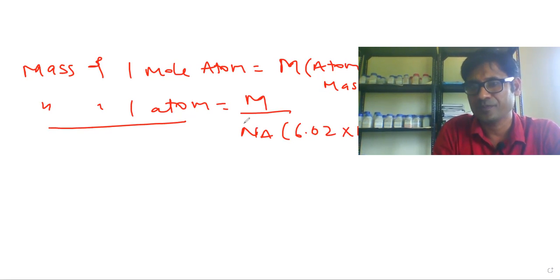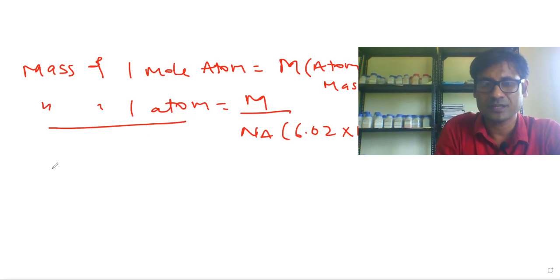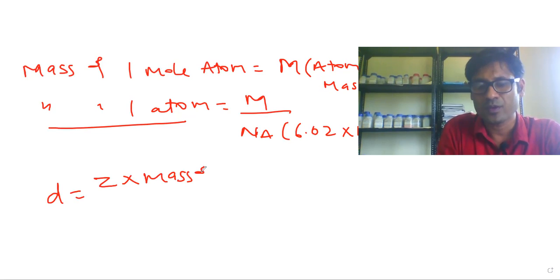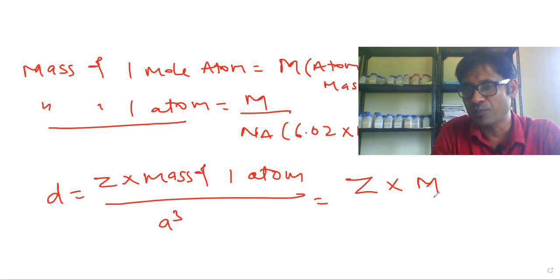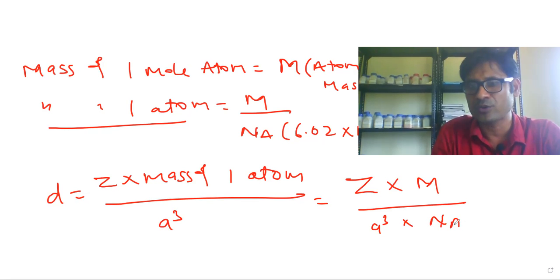Putting this value in the previous equation, density is equal to Z into mass of 1 atom, divided by volume of unit cell, is equal to Z into atomic mass or molar mass upon a cube into Avogadro number.